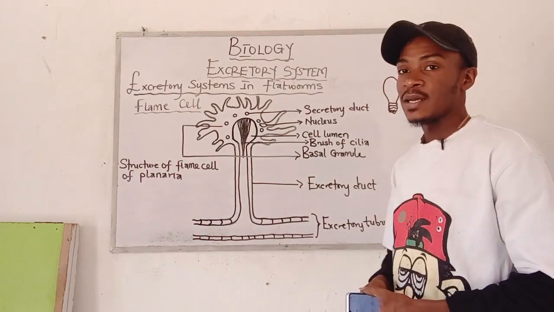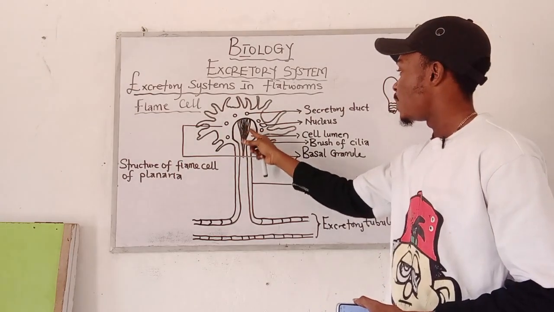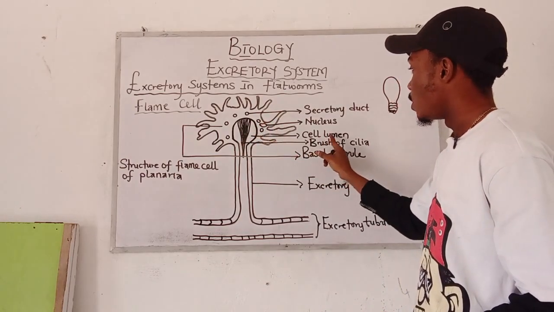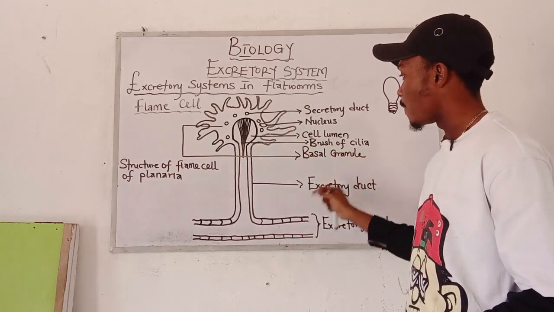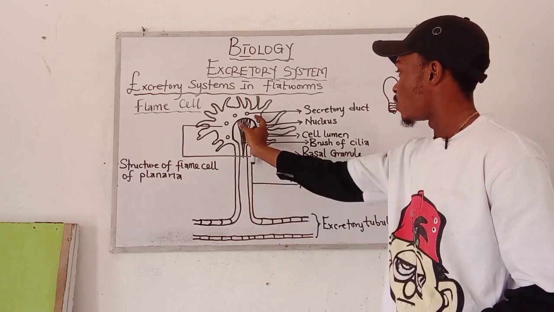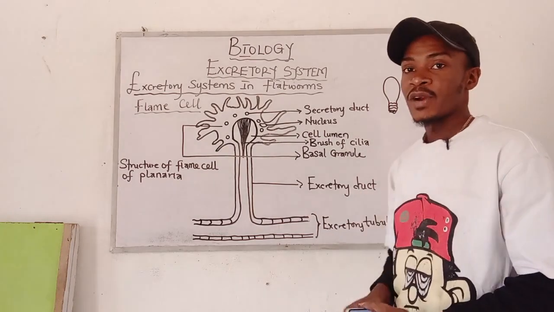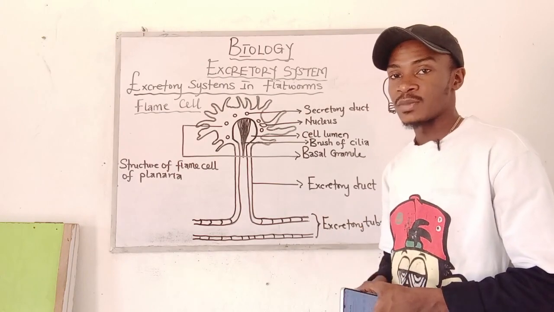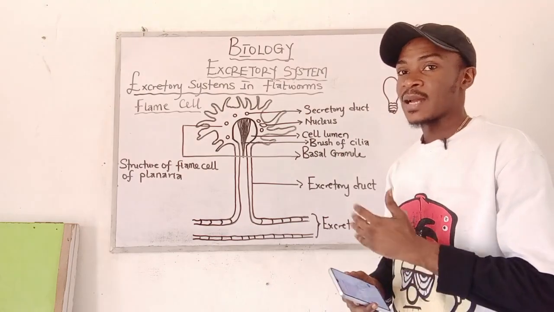As you can see, we have the cell lumen over here. The empty space you are seeing in the internal structure of the flame cell is called the cell lumen. As you can see, this dark staining part is called the brush of cilia. And then as it narrows down from the cell lumen, it forms the excretory ducts. Now the major excretory materials in flatworms include carbon dioxide as well as ammonia.